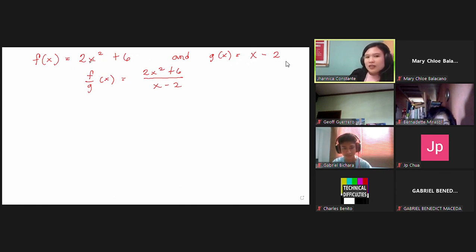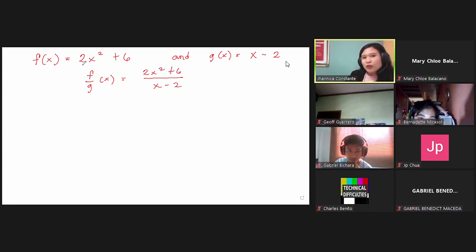Looking at our function f of x, you have 2x squared plus 6. There's a missing term in the function, correct? Based on its degree, you're missing the x, or the degree that has one exponent.